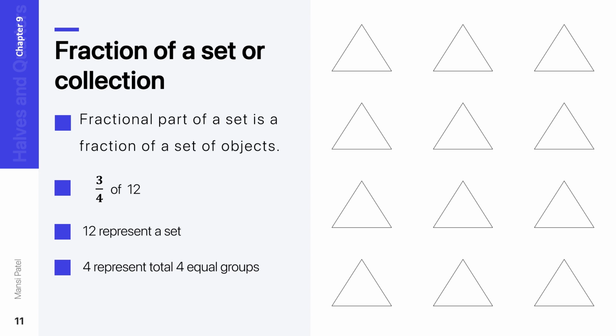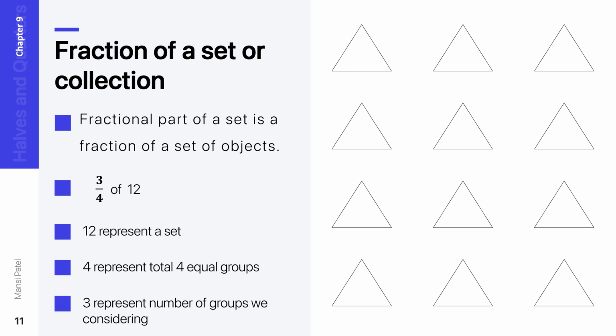They give the total number, and out of this total number you have to make one group. But the number of groups is 4. And the 3 represents the number of groups we are considering. In one group, how many things do we have to consider?